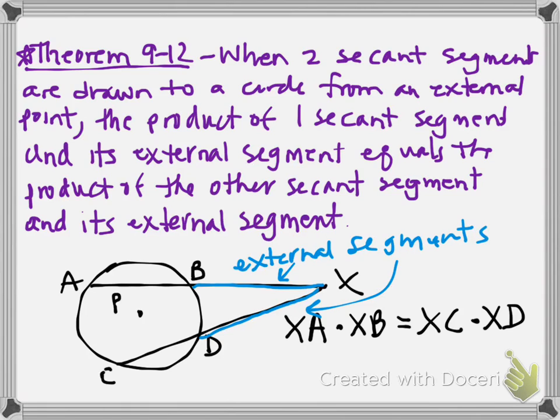Then we got one more theorem for you, a slight variation of this one. What if it's not two secants? What do we do then? So this is the last theorem, theorem 9.13.